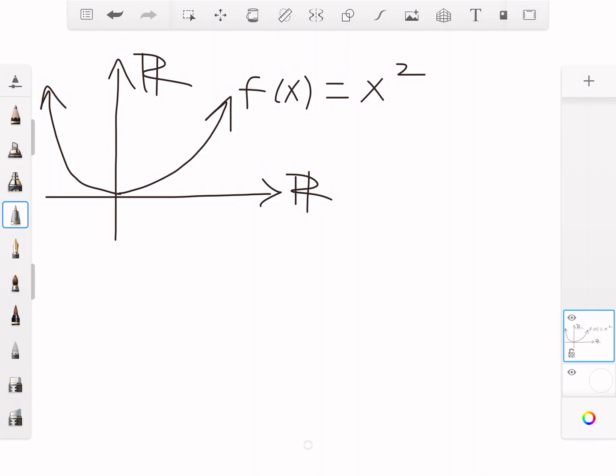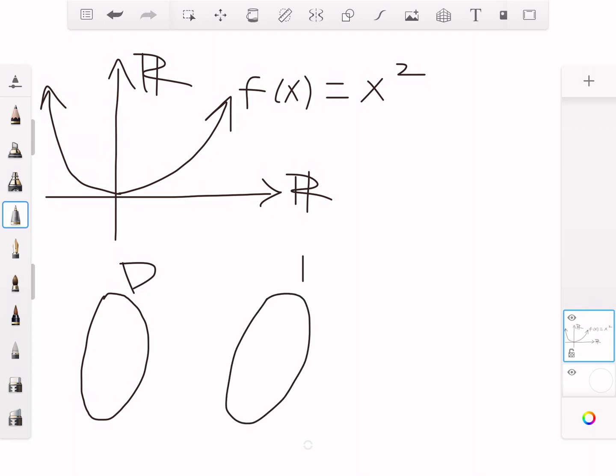So the way we do that is we have our domain, let's say D. We have our target, T, and our function f from the domain to the target. In this case, the domain is the real numbers.